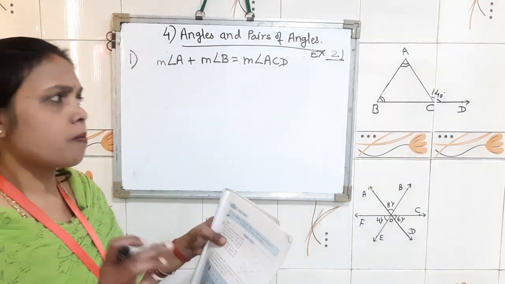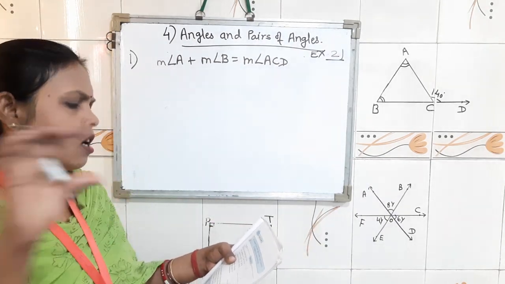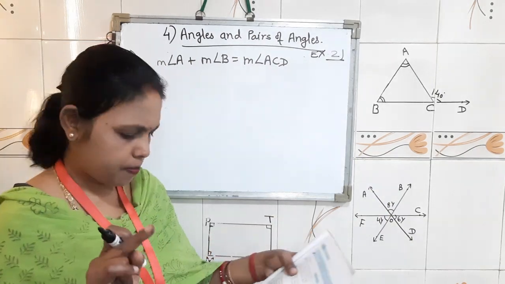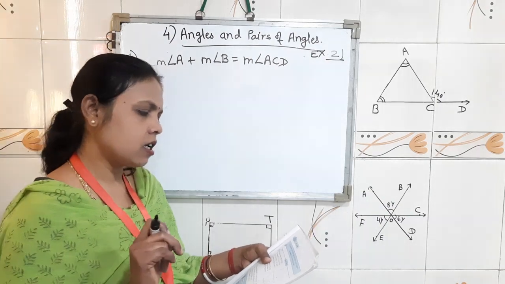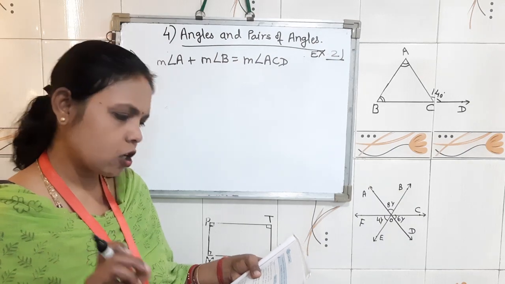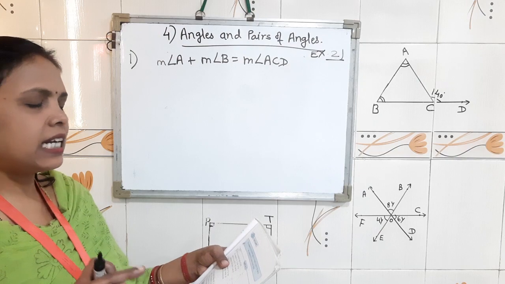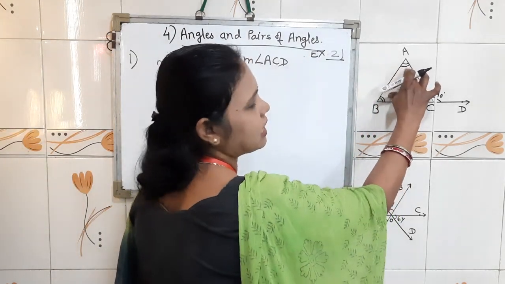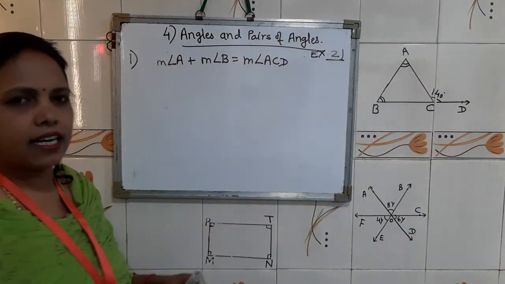So children, before solving Exercise 21, one box is given. In that box, page number 33, it's given: the measure of an exterior angle of a triangle is equal to the sum of the measures of its remote interior angles. And this one is called an exterior angle.